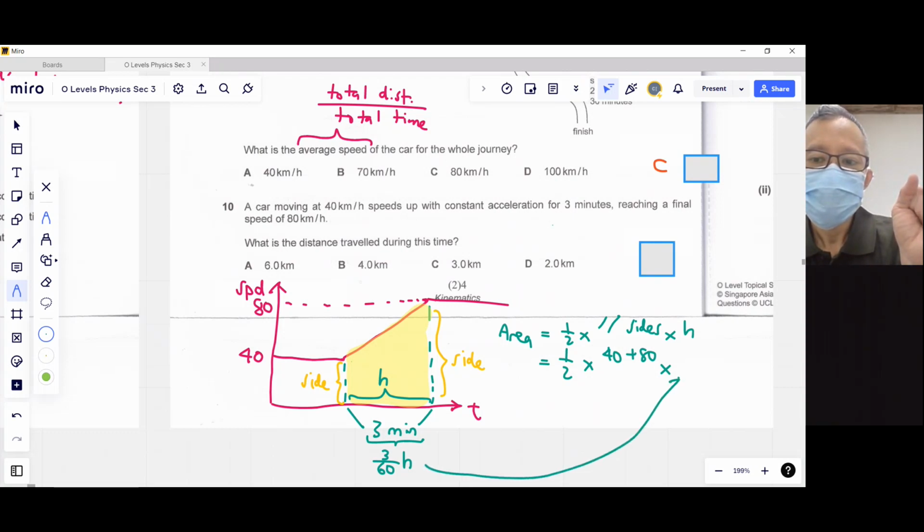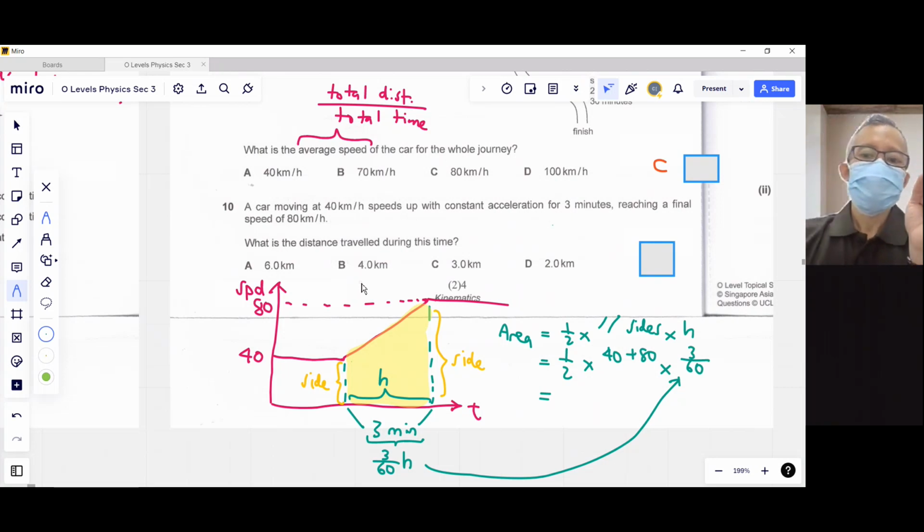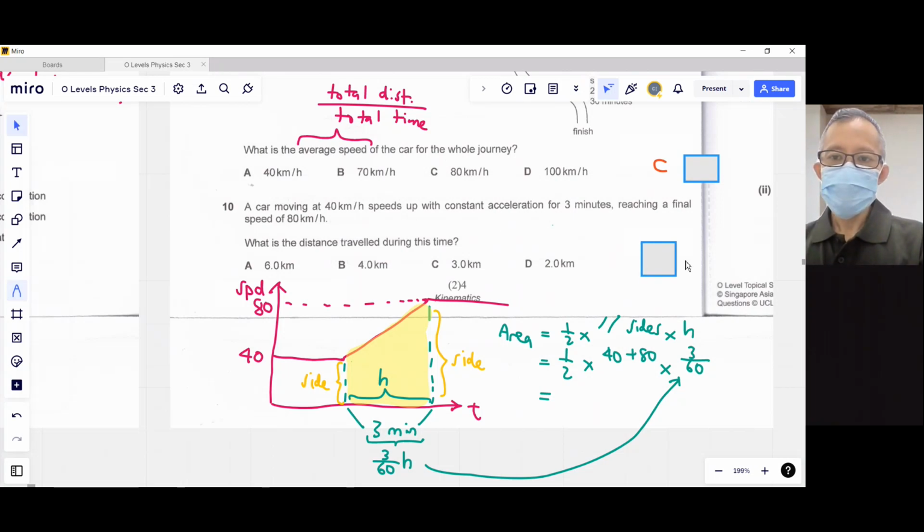Sub in, punch your calculator, tell me the answer. Yes, good. All right, guys, you should get your final answer as 3. The only thing is be careful of the hours.